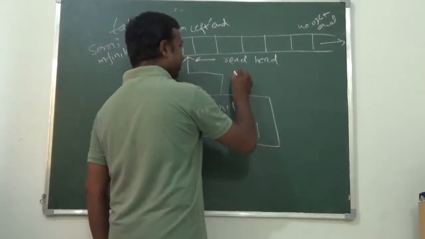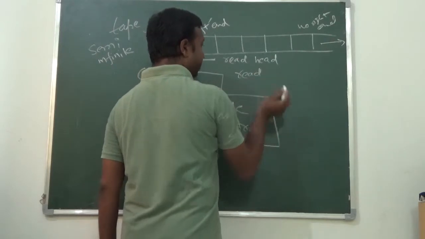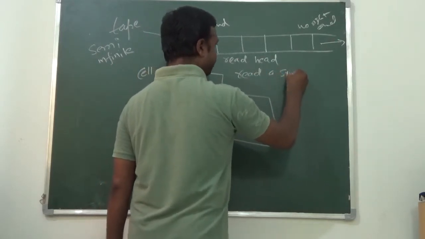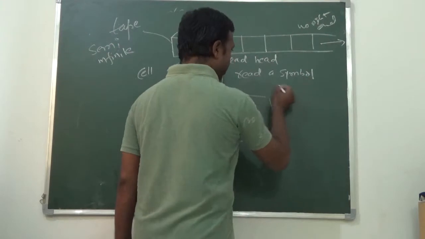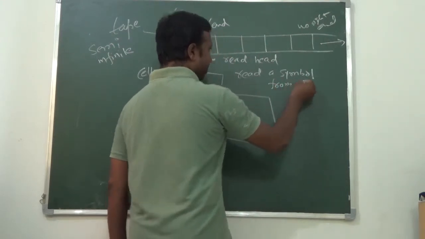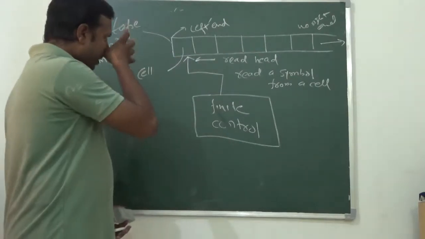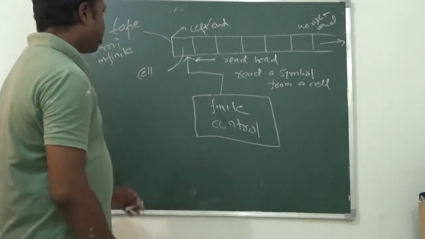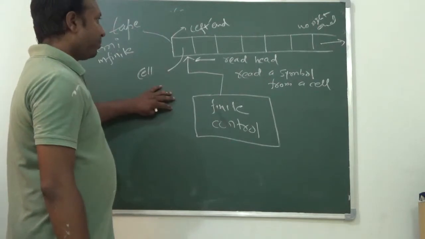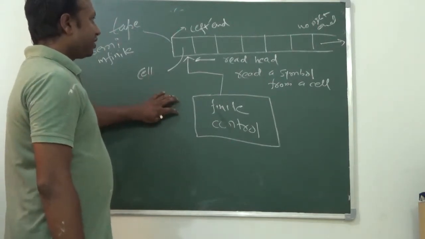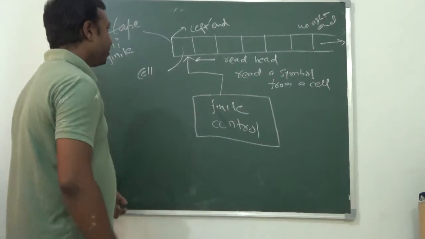It can read a symbol from a cell. Okay. So this is a pictorial representation of how this machine works.